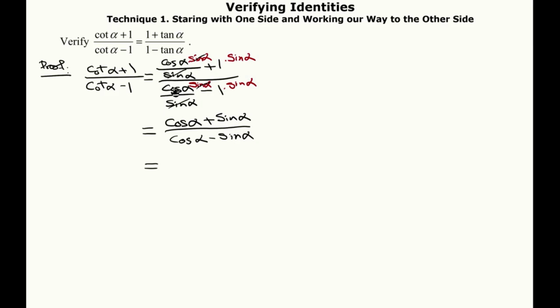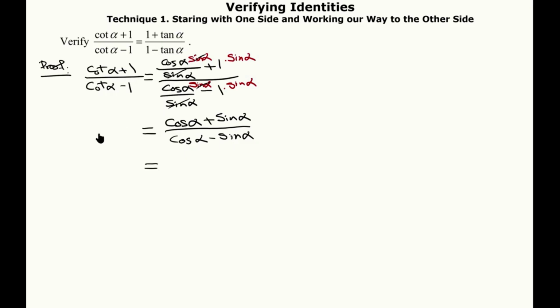And we notice here that we want to end up with tangent in our final expression, and I have a sine in both of these locations, and I know that if I divide that sine by a cosine, I'll be able to get the tangent that I want, and dividing by cosine will also get me the one that I want.